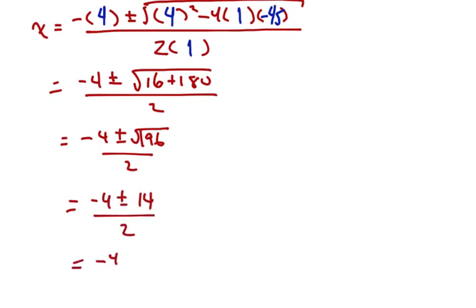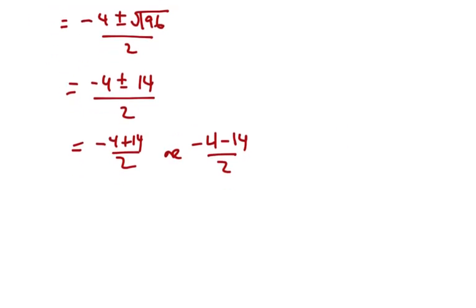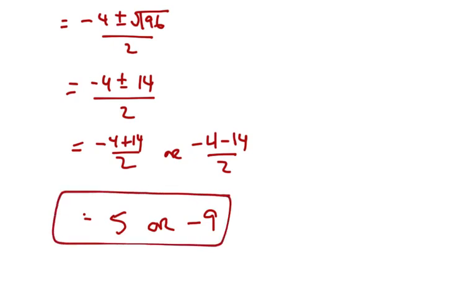So negative 4 plus 14 divided by 2, or negative 4 minus 14 divided by 2. So we finish it up. Negative 4 plus 14 is 10 over 2 is 5, and negative 4 minus 14 is negative 18 over 2 is negative 9. And there's our two solutions for x.